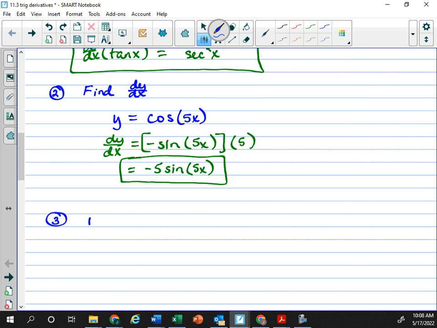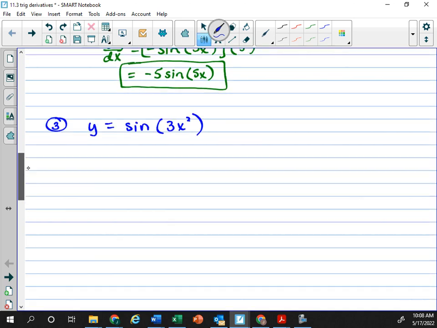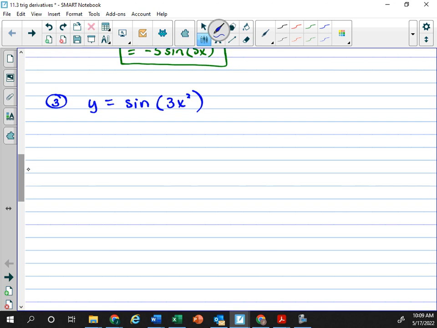All right, let's do y equals sine of 3x squared. You guys try this one. Find dy dx again. So I'll give you a minute here.